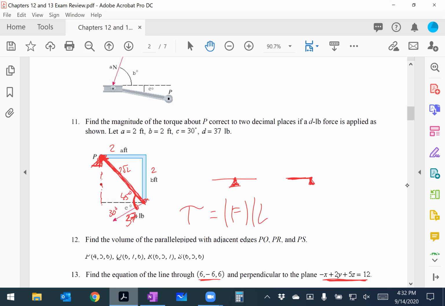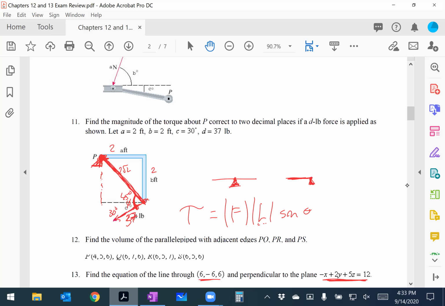Okay. Yeah, force times distance times the sine of theta. And that's the angle that my force makes with my lever. Again, this is being pulled and not pushed, so it makes a difference. And the sine of theta.